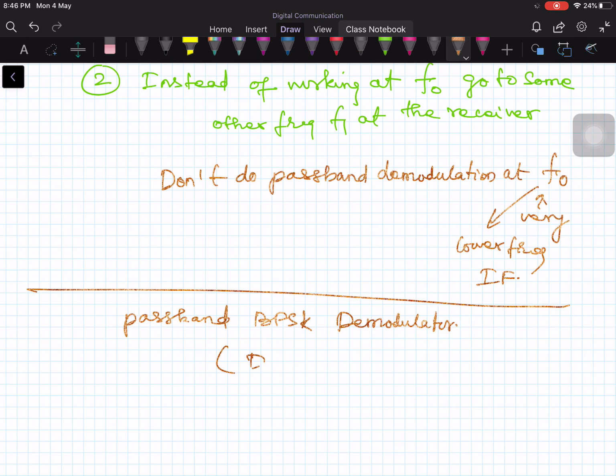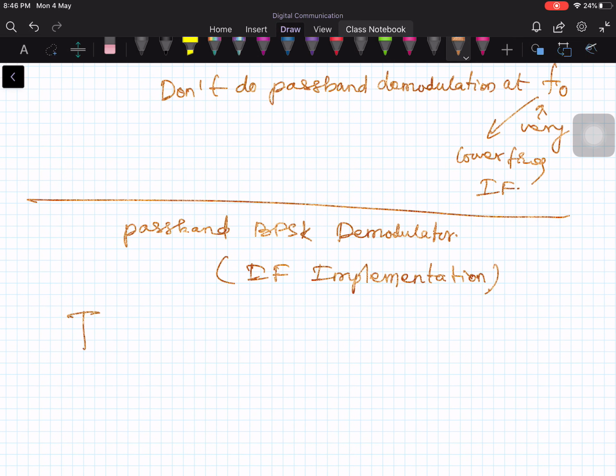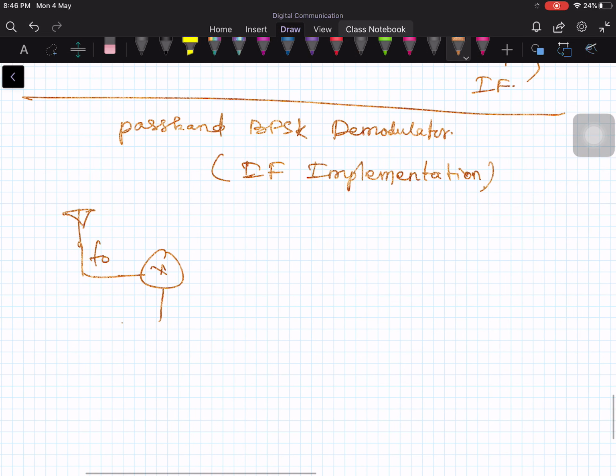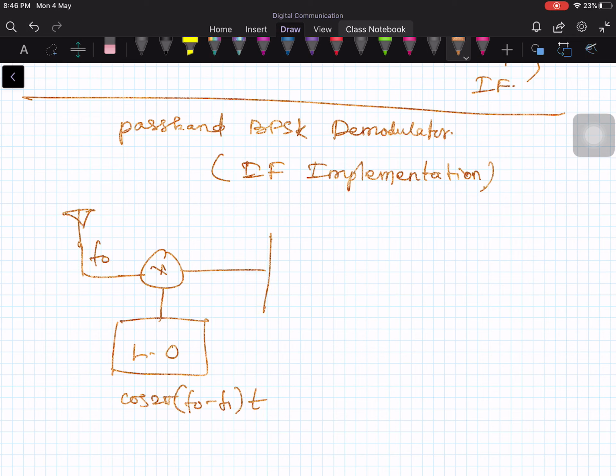Okay, but now in the IF implementation, intermediate frequency implementation, the remaining process structure is all the same. So you receive the carrier frequency at f0, and you multiply with the local oscillator, and its frequency is cos of 2 pi times f0 minus f1 times t. This is given to the matched filter.